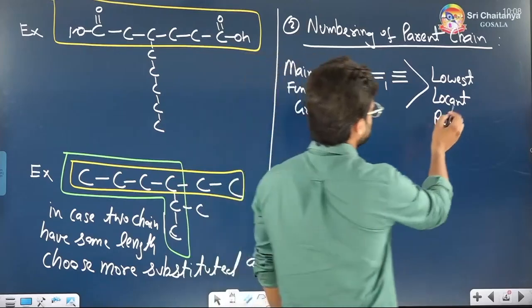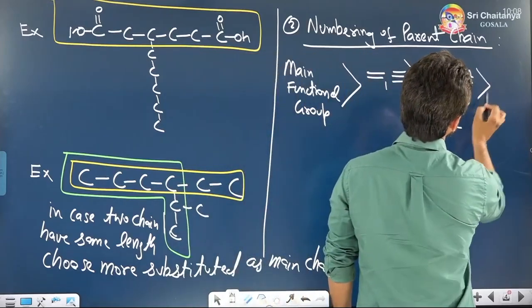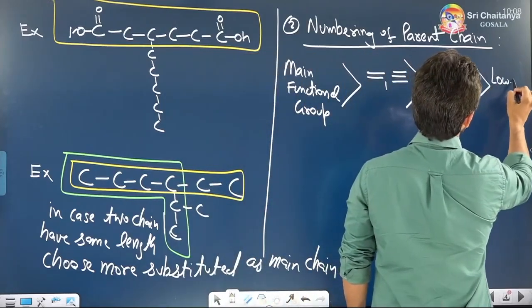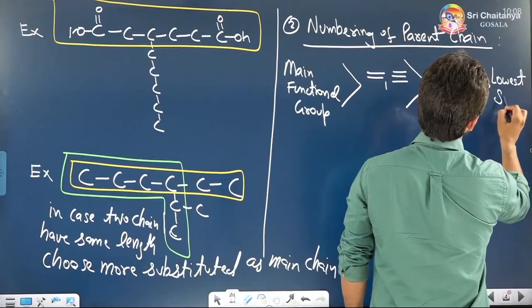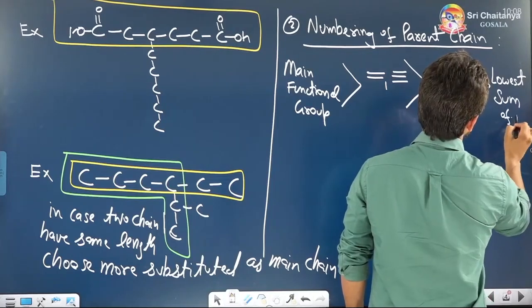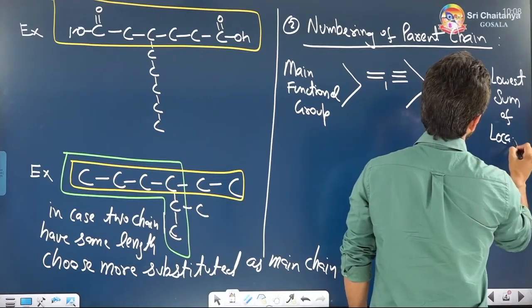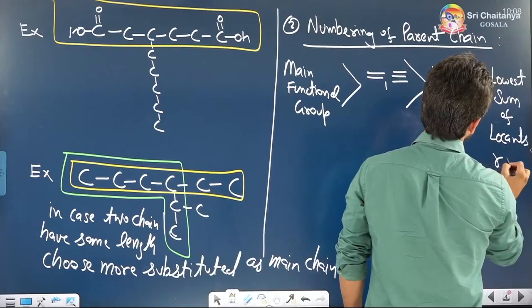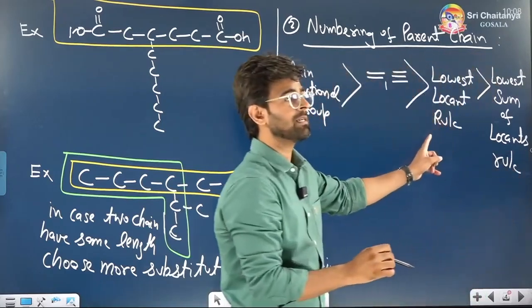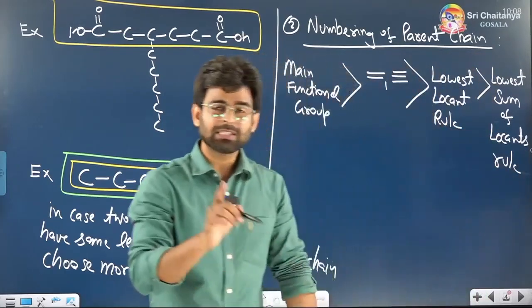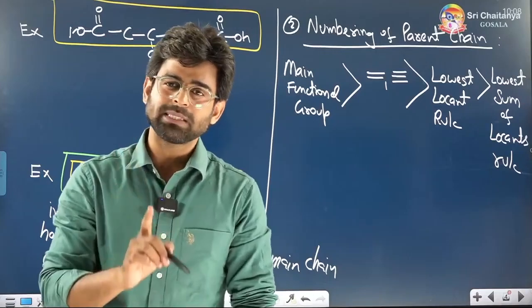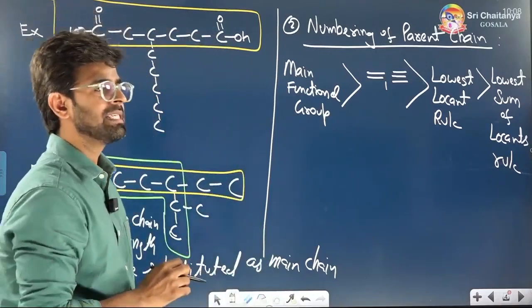And if every rule becomes a tie, then I will see the lowest sum of locants. But remember, the lowest locant rule is more important than the lowest sum. Clear? We will see step by step.